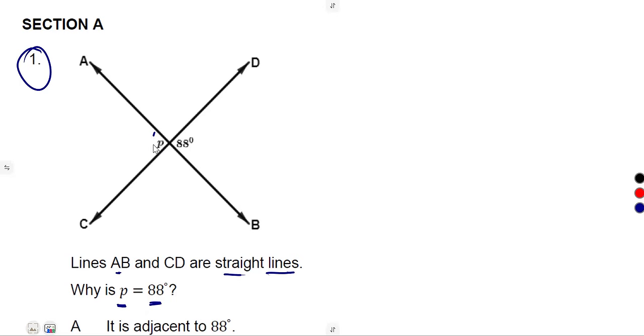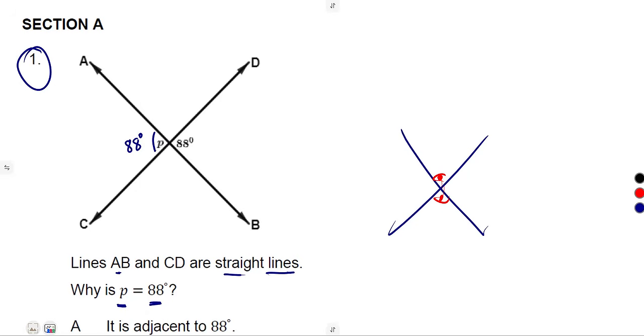In most cases, you are used to a condition where they ask you, what is angle P? Then, okay, angle P is 88. The reason that you are giving to say P is 88 is the one that they want you to write. Why is that so? We remember our vertically opposite angles from the straight lines. These two angles that are vertically opposite to each other are equal.